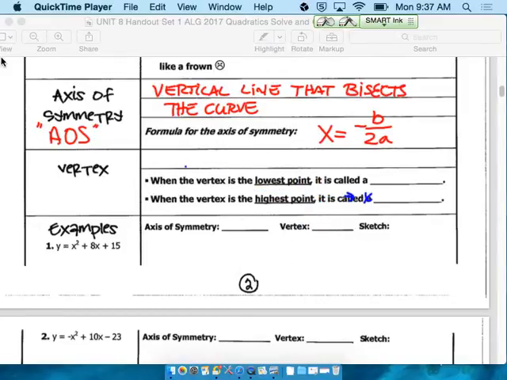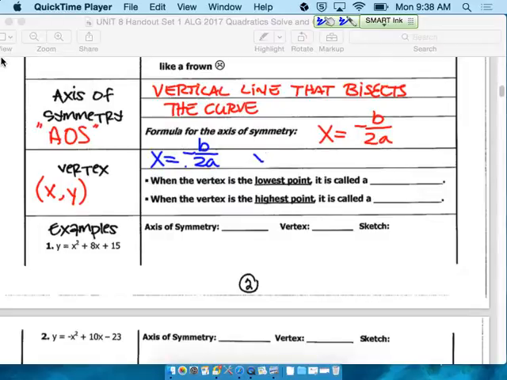One of the key points on the parabola is the vertex. And the vertex is an ordered pair, so it has an x-coordinate and a y-coordinate. We have a formula for that. The x-coordinate of the vertex is also derived by the formula negative b over 2a.